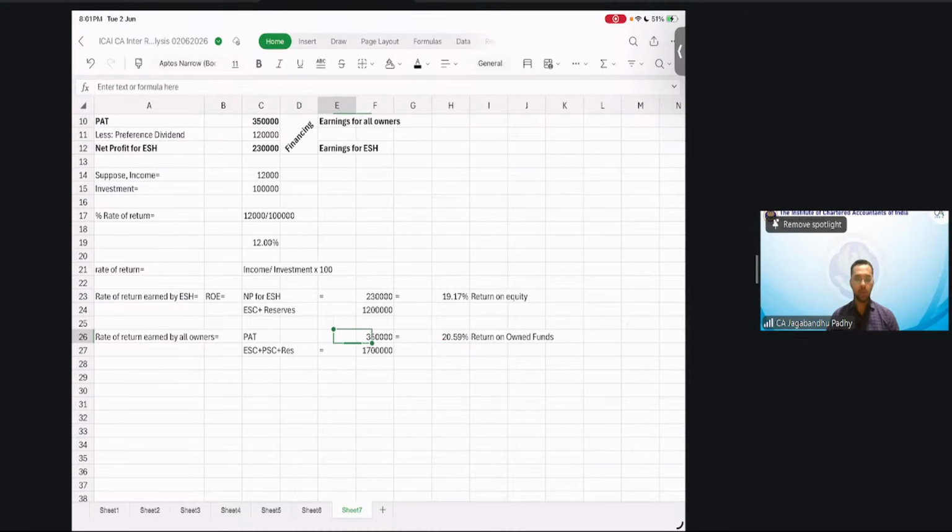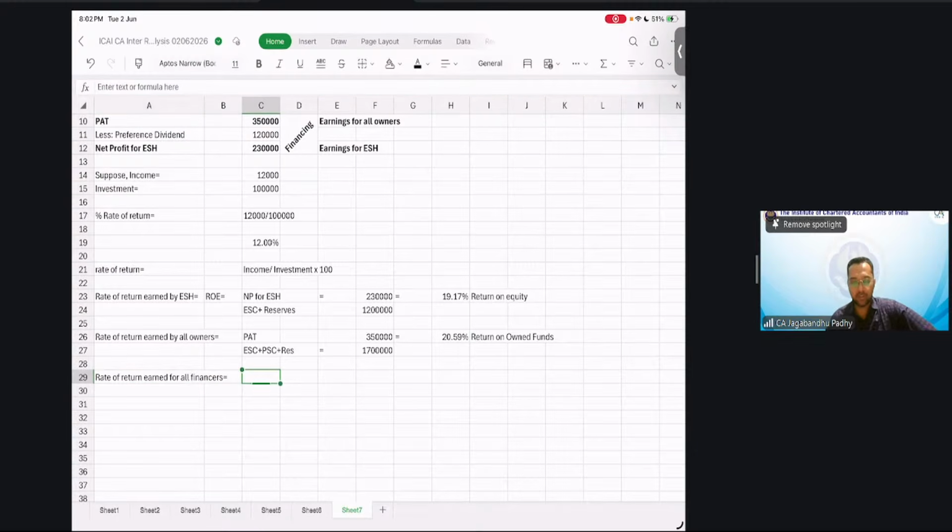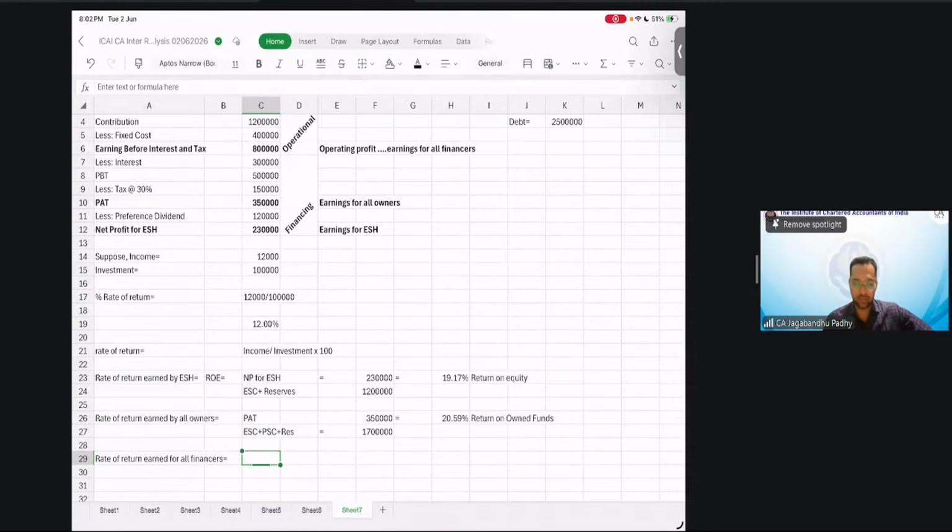Right. Okay. The last one. Rate of return earned for all finances. Can anyone tell me what the formula is going to be for this? So we are talking of all the finances together and the rate of return earned for them.